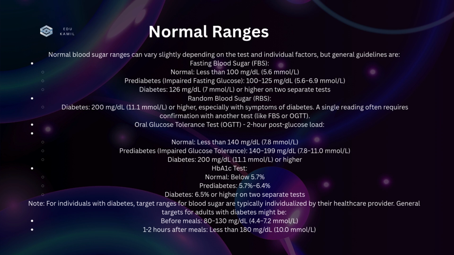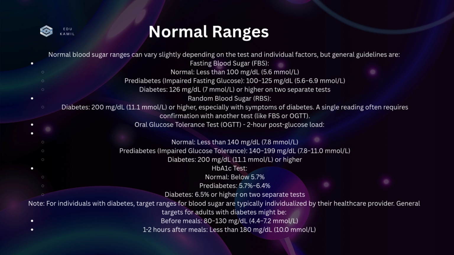Oral glucose tolerance test, OGTT, 2-hour post-glucose load: normal, less than 140 mg per deciliter, 7.8 mmol/L; prediabetes, impaired glucose tolerance, 140–199 mg per deciliter, 7.8–11.0 mmol/L; diabetes, 200 mg per deciliter, 11.1 mmol/L, or higher.